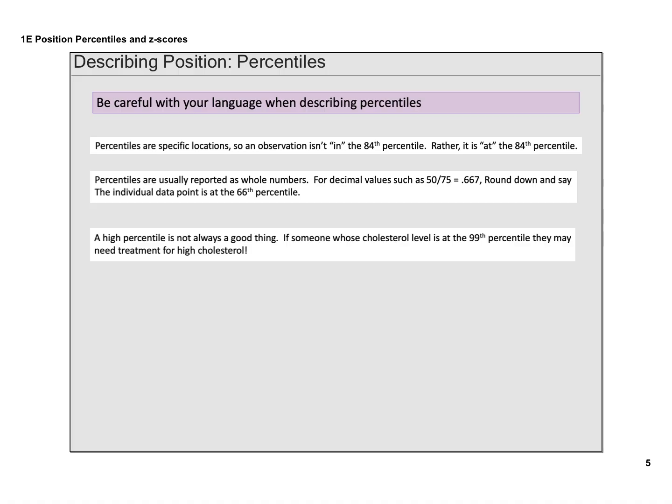So here's some tips when you are discussing percentiles and finding percentiles. Percentiles are specific locations. So we want to say that he is at the 84th percentile, not in the 84th percentile, because he's at a specific point in the data. Percentiles are also reported as whole numbers. You're going to round.